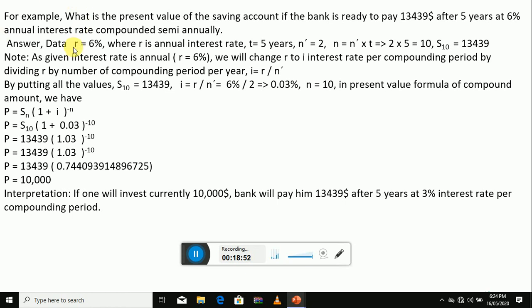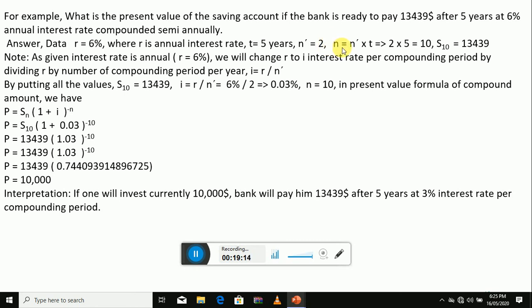So the answer is this. We will collect the data information from the example. So what is the information? Annual interest rate 6%. Number of years, this is very clear, 5 years. So t is what? Number of years, 5. n prime 2 means the bank will pay interest twice, 2 times in a year.